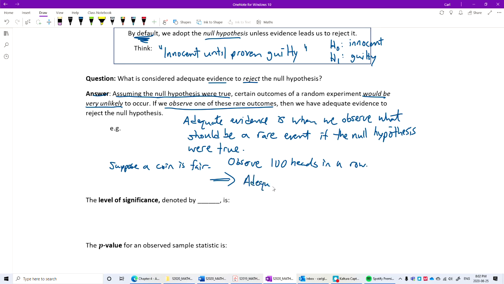I forgot a step. If we then observe 100 heads in a row, which would be extremely unlikely, possible but extremely unlikely, then we conclude that it's not fair.